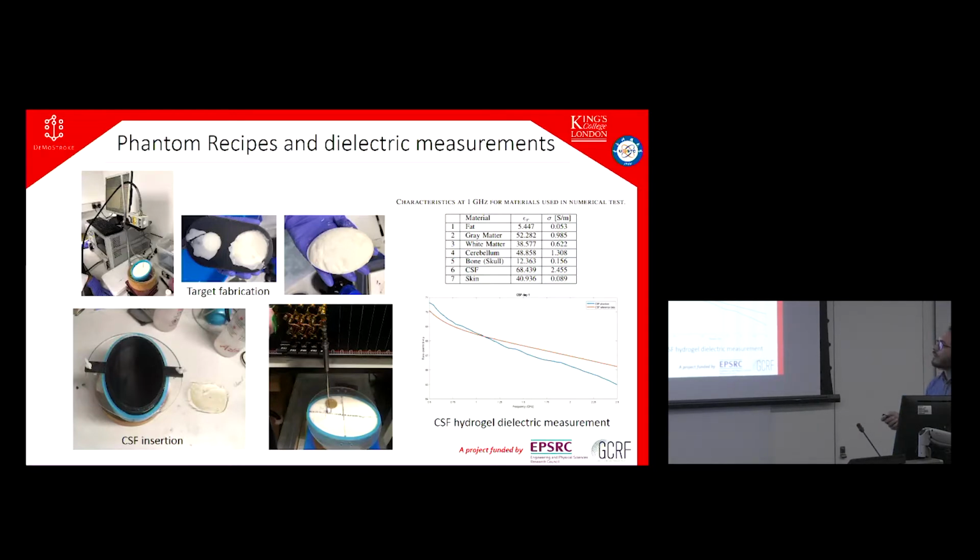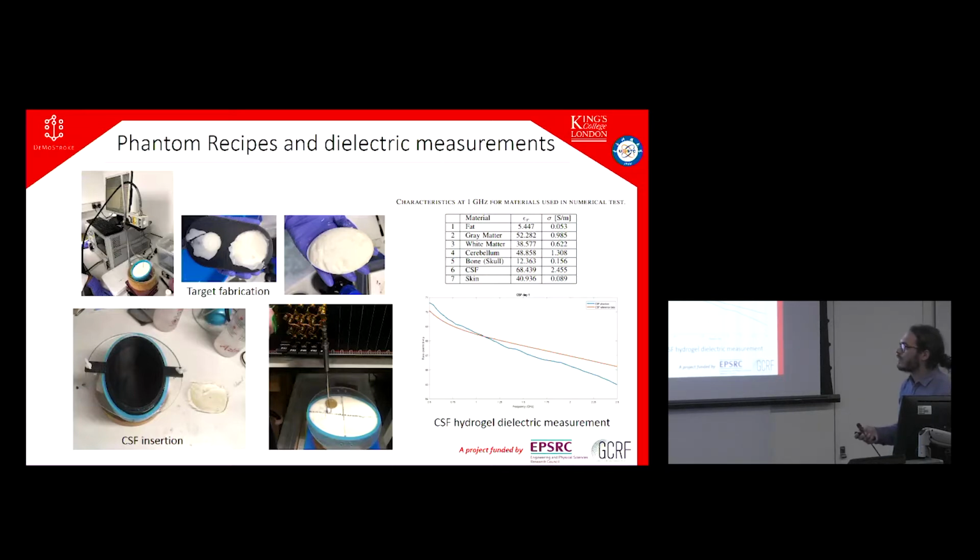So when we are fabricating this, the dielectric measurements at 1 gigahertz, as mentioned earlier, are here. You can see that the fat, gray matter, CSF is quite high, very close to the hemorrhage. We tried to fabricate the CSF.